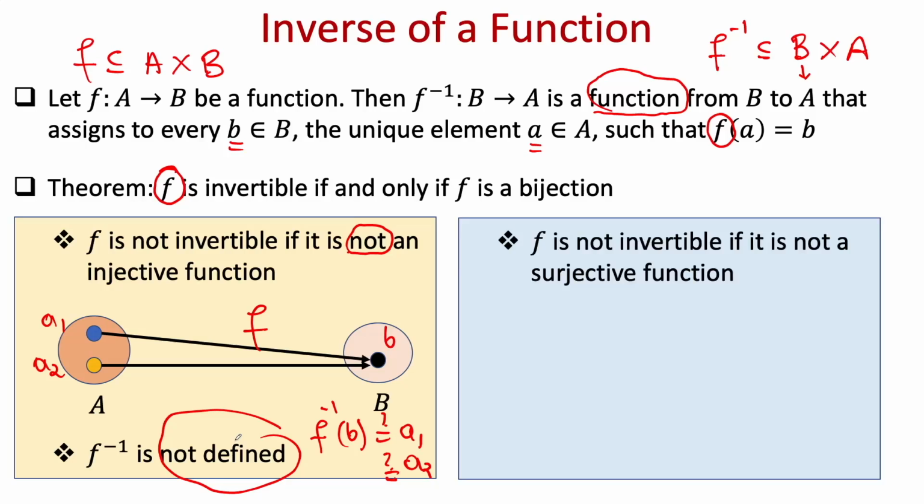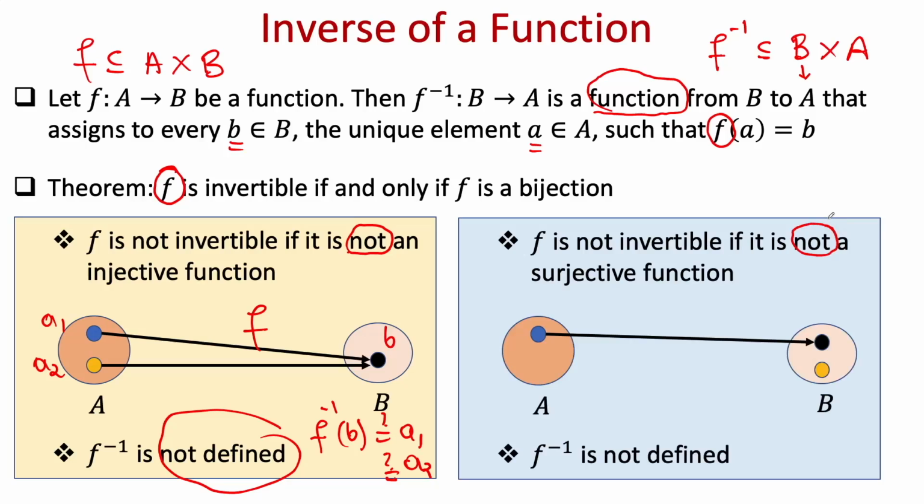We can also prove here that if the function f is not a surjective function, then also it is not invertible. If it is not surjective, that means at least one element, small b, from the codomain set does not have any pre-image.